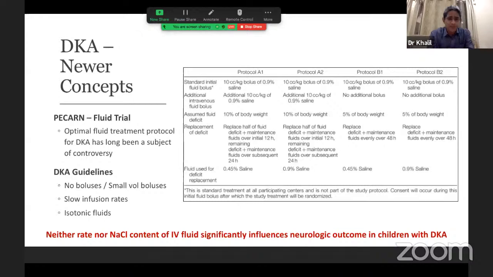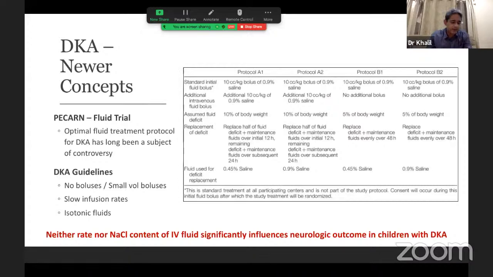So this trial is a landmark trial with regard to fluid management in diabetic ketoacidosis. There has been a raging controversy about fluid management in children with DKA. Generally speaking, the North American guidelines are more liberal compared to the ones from the European societies.